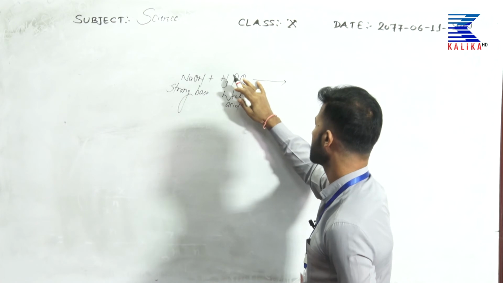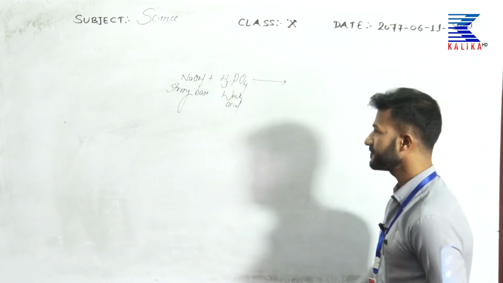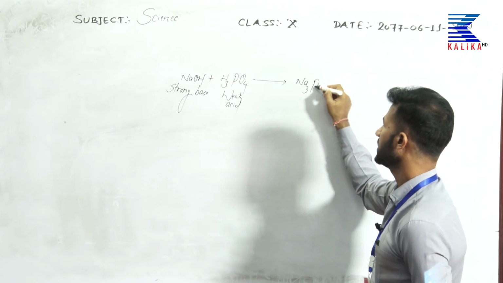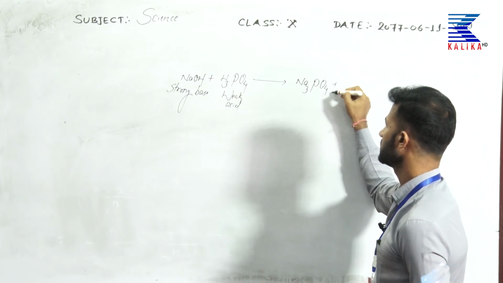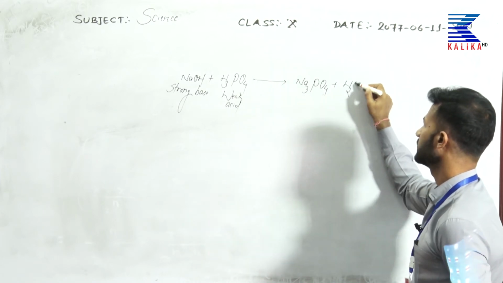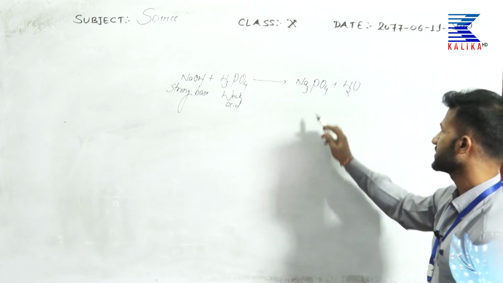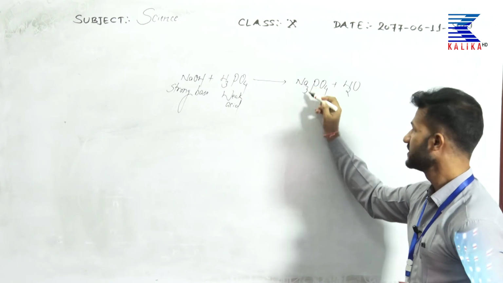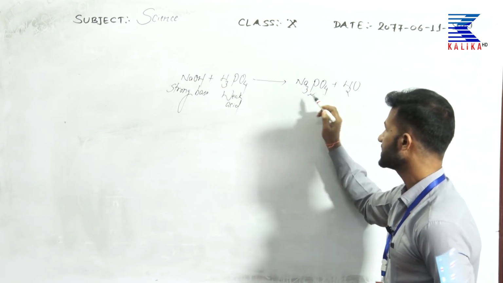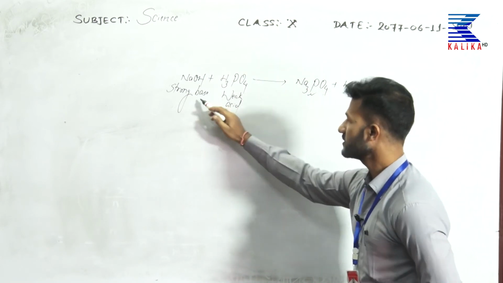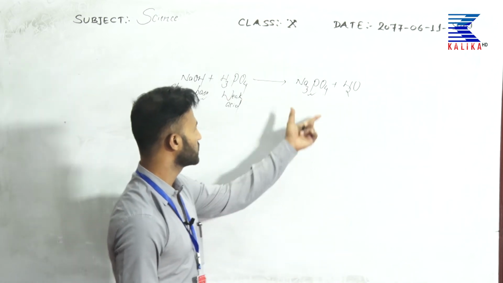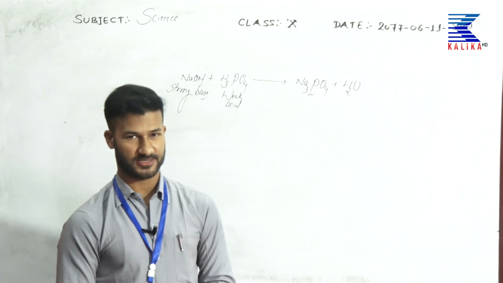When these two chemical reagents are reacted together, it forms Na3PO4 plus H2O. Look at this chemical reaction. Sodium phosphate is formed, and since the strength of base is more, it would be basic in nature.